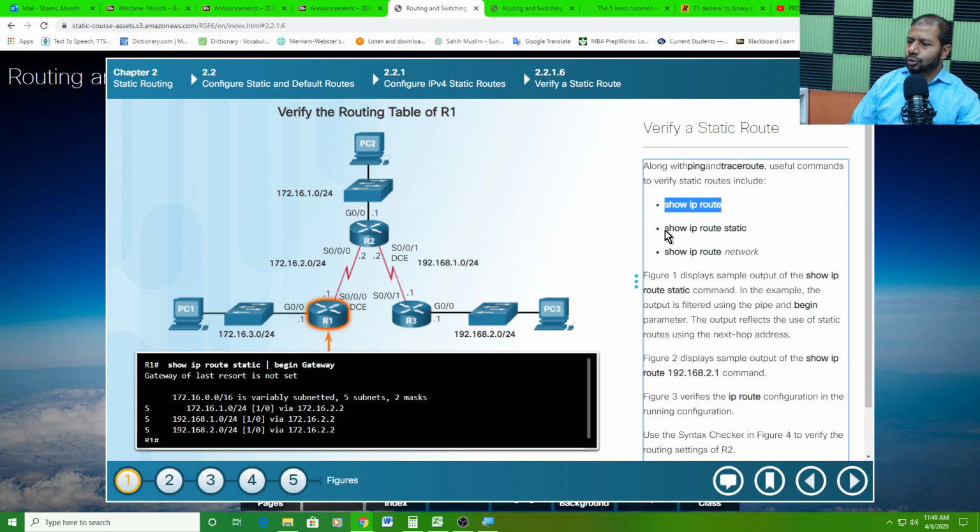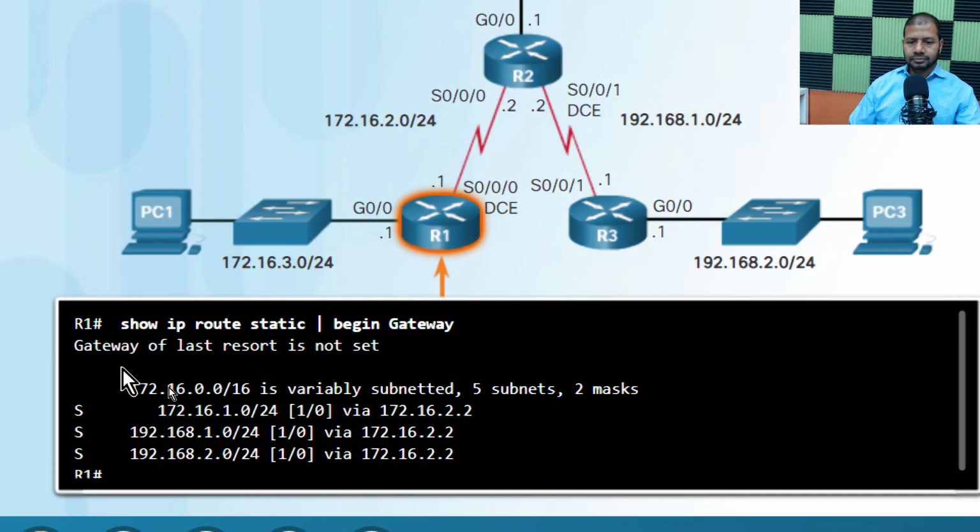If you type show IP route static, only the static lines that you wrote down manually, starting with an S, will show up. If you type show IP route and a specific network, only that line of the routing table is going to show up, the lines that have that network's reference. Okay. Here are some examples.